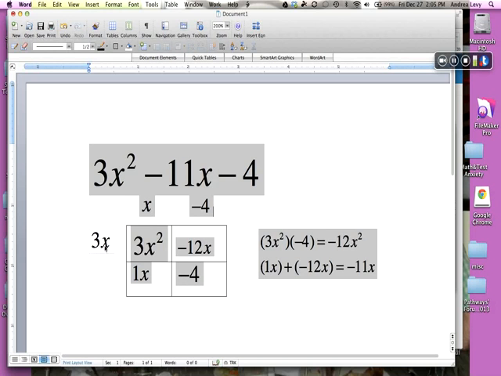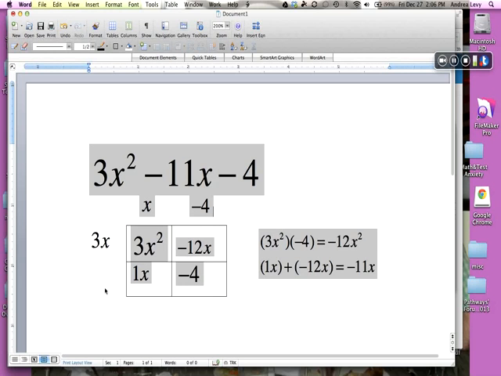We know these first two terms need to multiply together to give us this 3x squared, so they both have to be positive, and that's going to be true no matter what polynomial we use, because we always want a positive first term. It's the second term where the sign would change. So that's a good way to check. Multiply them together, and it should give you the number in the box.